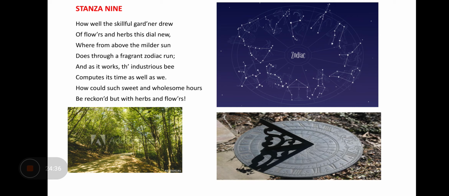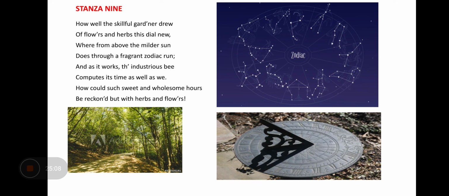And the second thing that is striking in this stanza particularly is that the industrious bees, honey bees, are supposed to be intelligent, and they also understand the time of the day based on the shape and direction of the shadow that is created by the trees and the flowers.